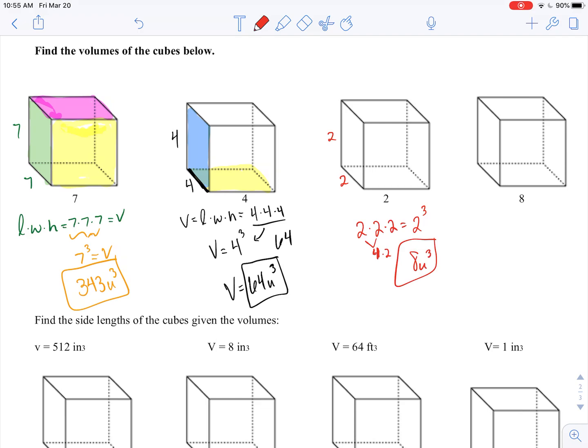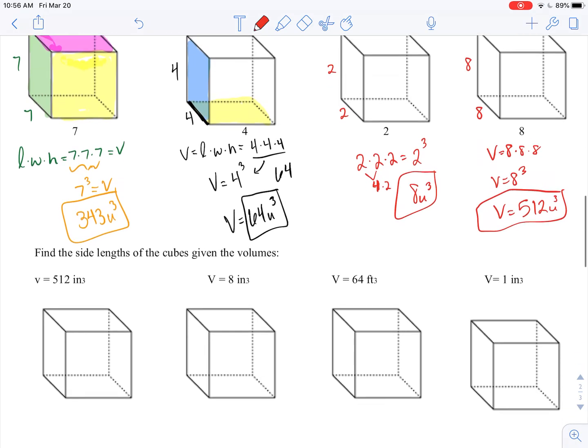Cubic units. And last but not least here, we're going to have 8, 8, and 8. So my volume is length times width times height. Volume is 8 cubed. Volume is 512 cubic units.